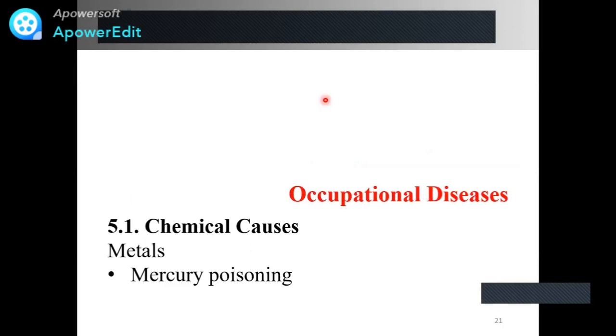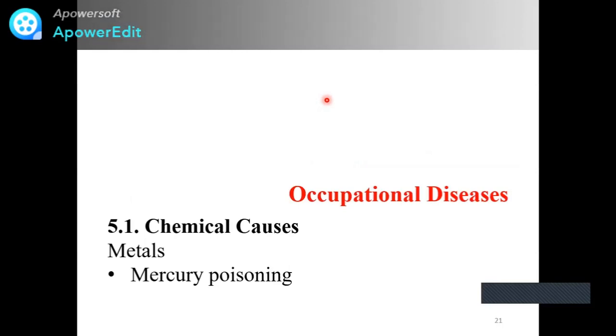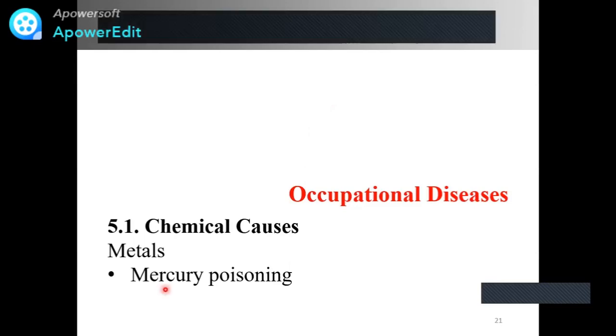Metals and their compounds are among the poisons most commonly encountered in the workplace. Mercury poisoning is one of the classical occupational diseases.